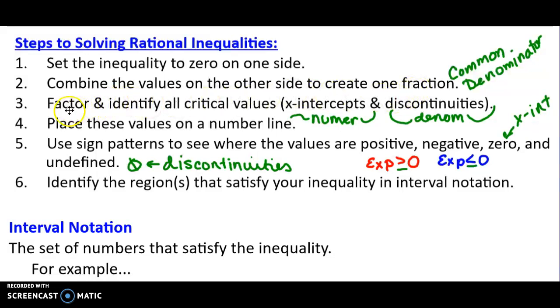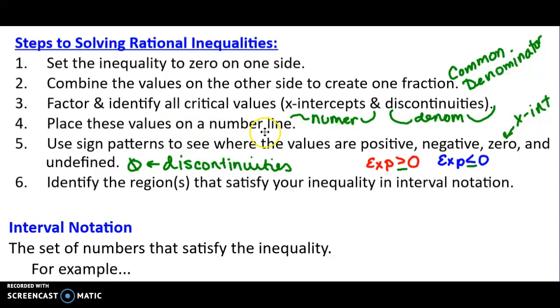We are going to factor the numerator and the denominator to find the critical values, the places where the sign changes from outputs of positive y to negative y. Those come from the x-intercepts, which are the zeros of the numerator, and the discontinuities, which are the zeros of the denominator.